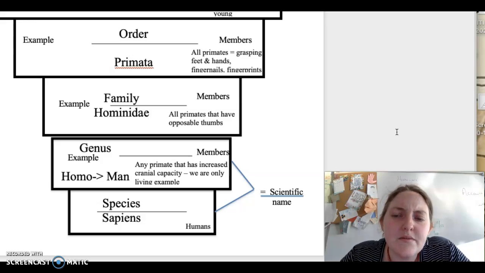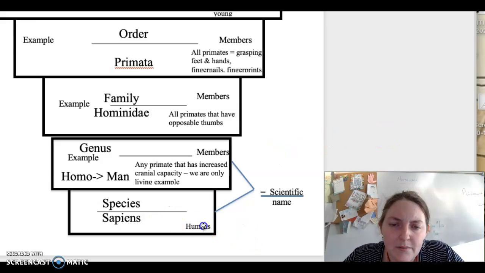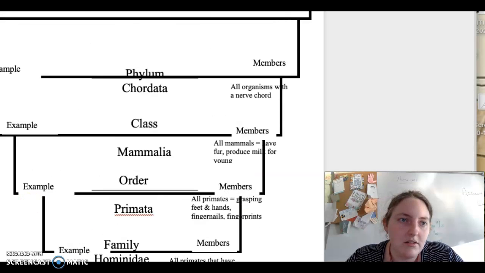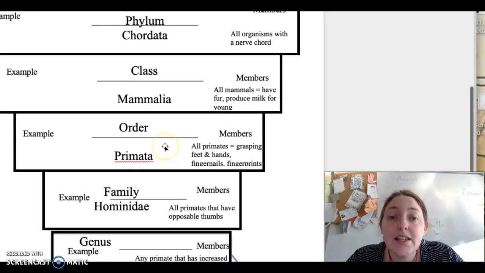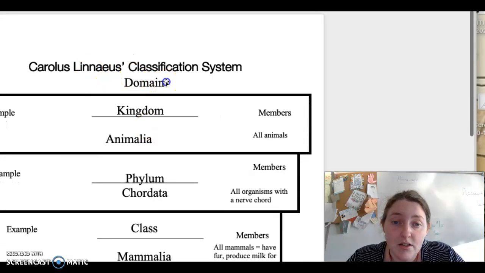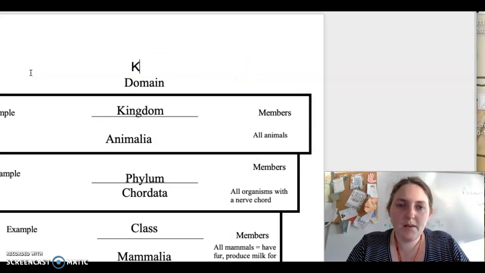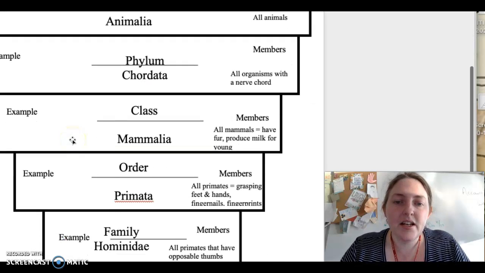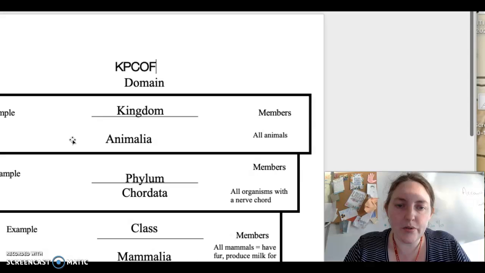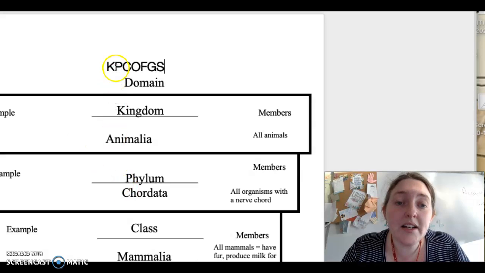Now, we write this very, very particularly, but before I show you this, I want to give you a mnemonic that will help you remember kingdom through species. So I'm going to write this up here. You can write it wherever you want to. But these are the letters you have to remember. And all of you will come up with your own mnemonic to help you remember this.